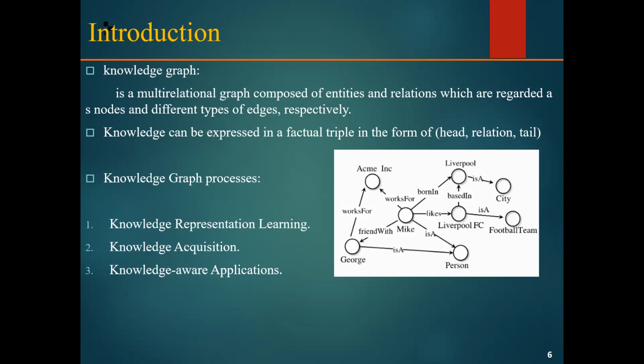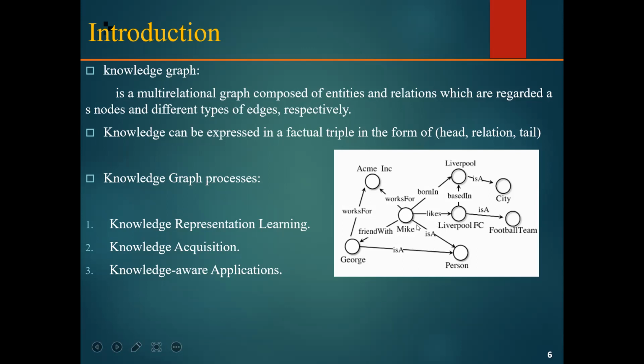Or we can also call them subject, predicate, and object, which is what we call the Resource Description Framework, the RDF, which is a famous method. For example, if we have Mike is a person, here Mike is the head entity, person is the tail entity, and is is the relation between them.